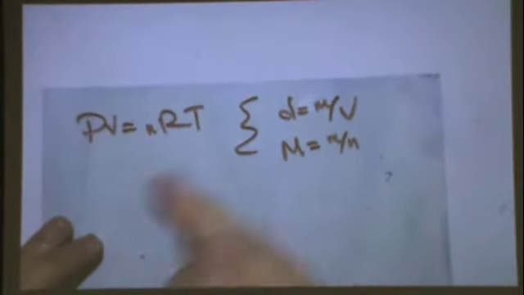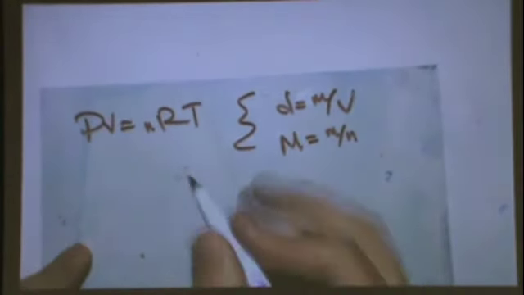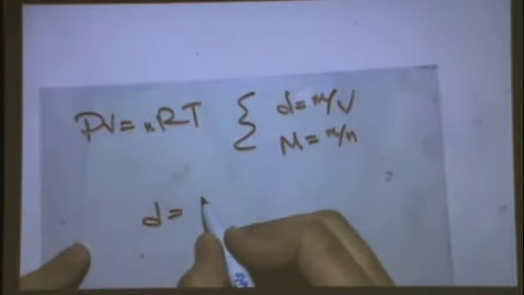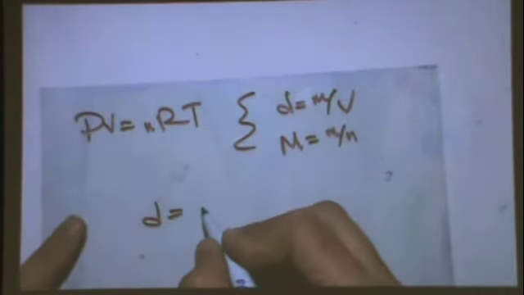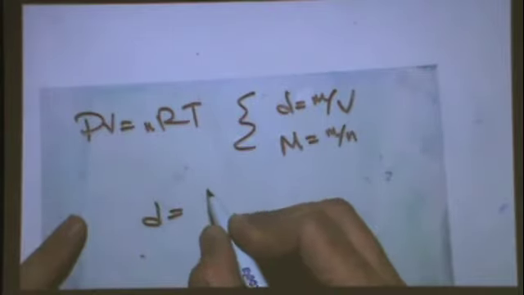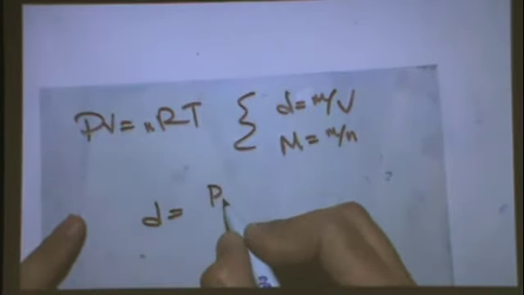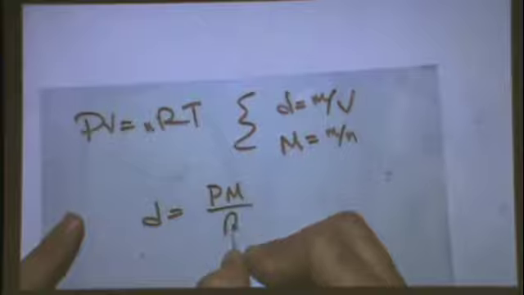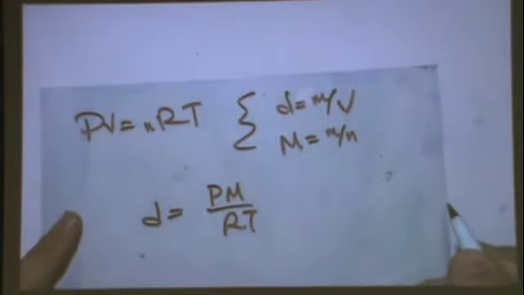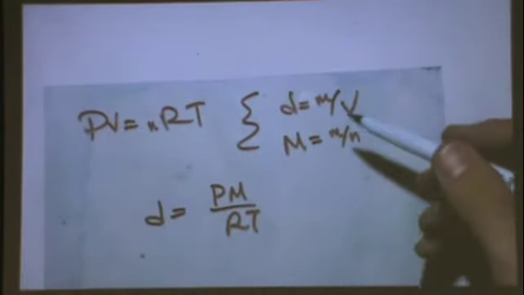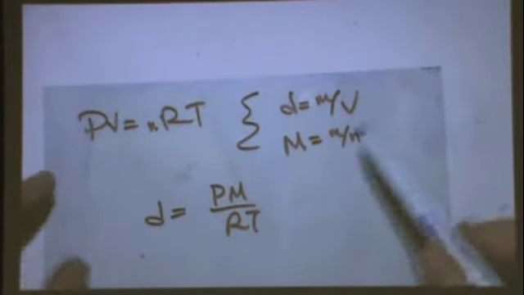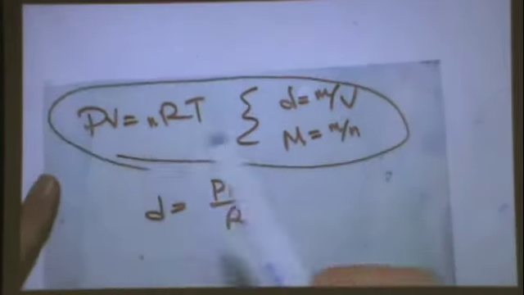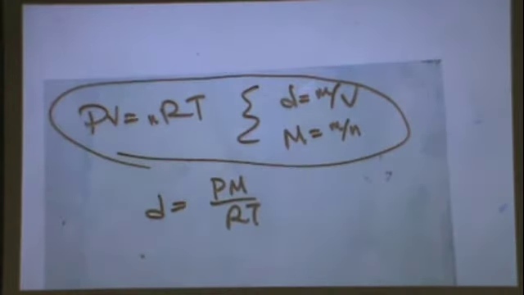So you use these 3 equations and you plug them in. If you mess with it, you'll get that pressure is density times RT over molar mass, something like that. But it depends what variable you're given. If you have density, you can use this. But you need a combination of these to derive the equation you need. Is that okay? Okay.